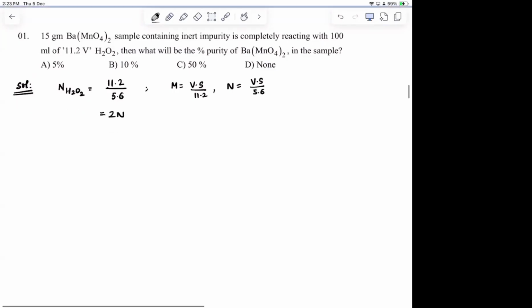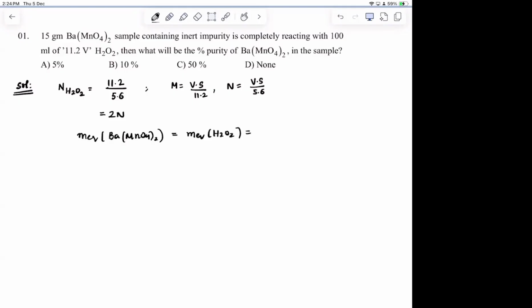And then if you notice the milli equivalence of this one and milli equivalence of peroxide, they should be equal, right? So let us just equate that. Milli equivalence of barium permanganate Ba(MnO4)2 should be equal to milli equivalence of peroxide.